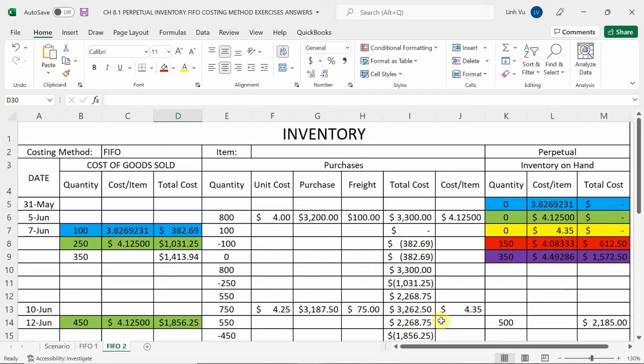And what's going to happen is when I sell something on my cost of goods sold, I'm going to take it directly out from my inventory on hand. Instead of having it filled in the middle, I'm going to directly take it out all the way in the column on the right. So it's going to look a lot cleaner, okay? And of course, the colors are what's going to make it easy for you to keep track of.